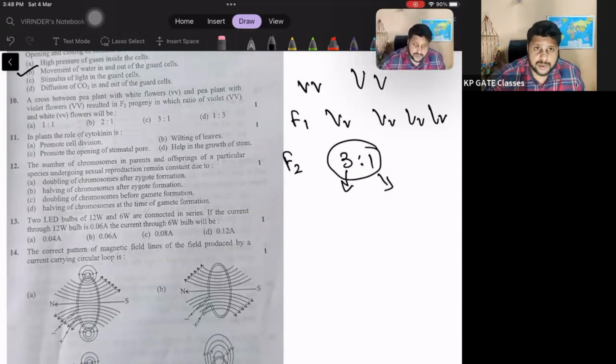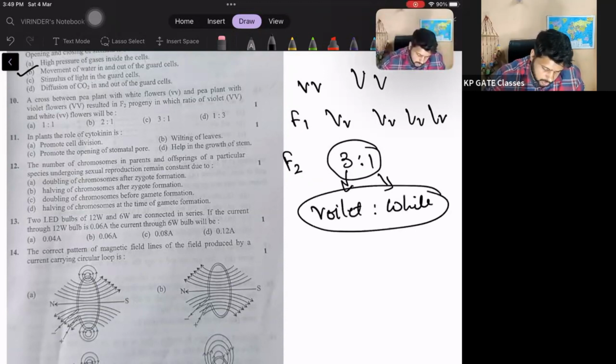So 75% are dominant. Here the dominant ones are violet. So violet to white is our ratio. Now they have asked the ratio of violet to white. So option C is our correct answer here.